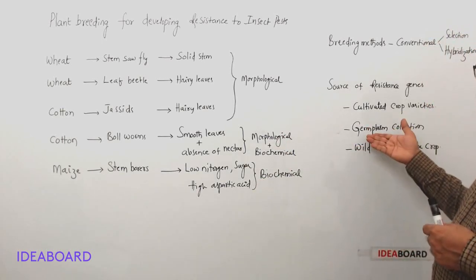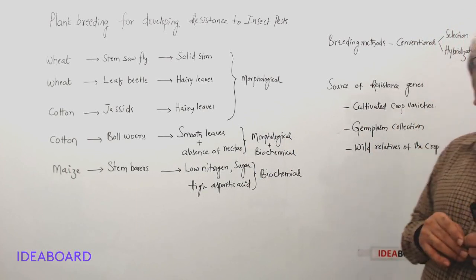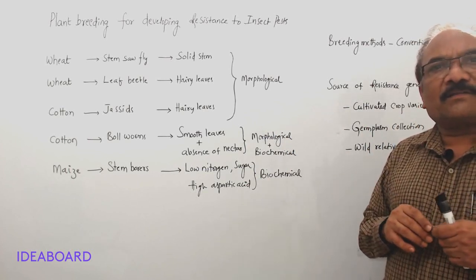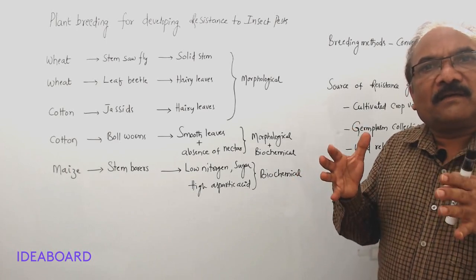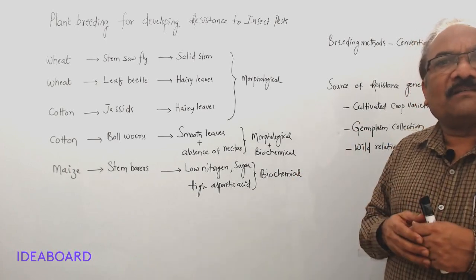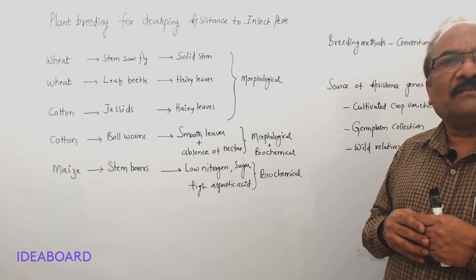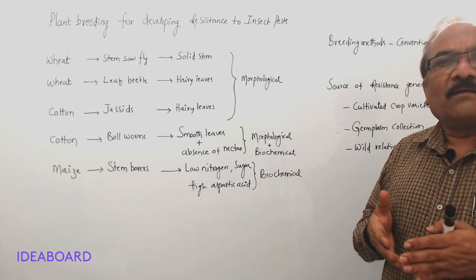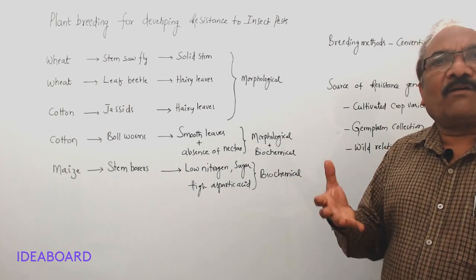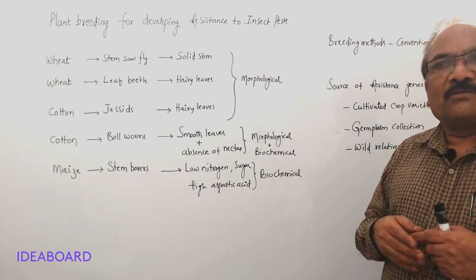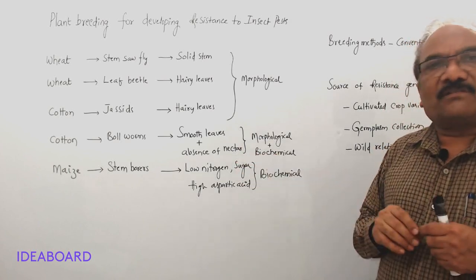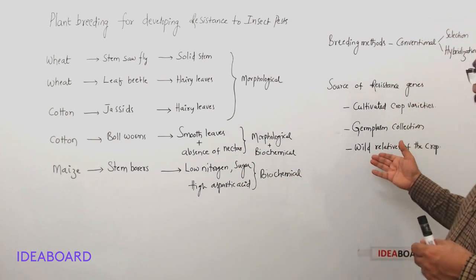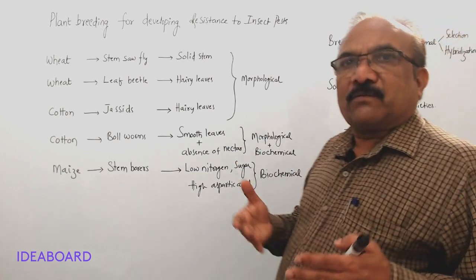We know that the germplasm collection will be there, and in the germplasm collection we collect all the alleles of all genes of a particular species in different forms, maybe as plants or as seeds. Among that, we select those which have these features.